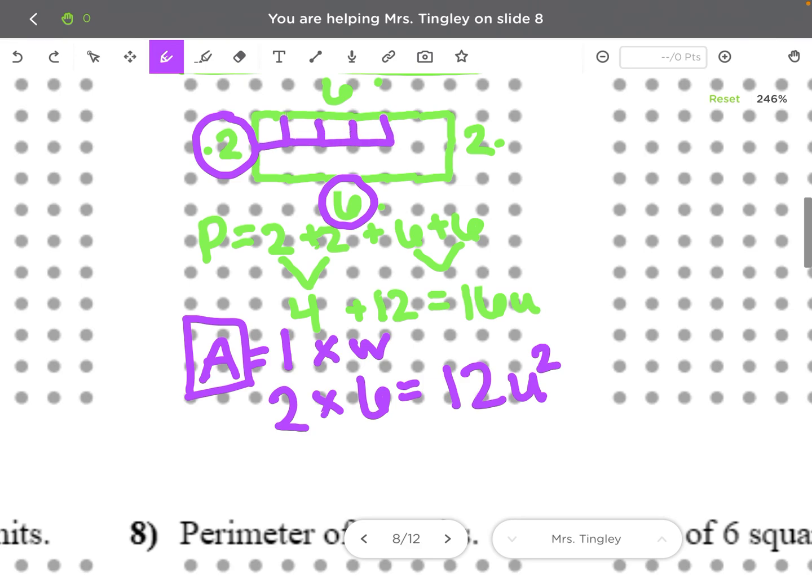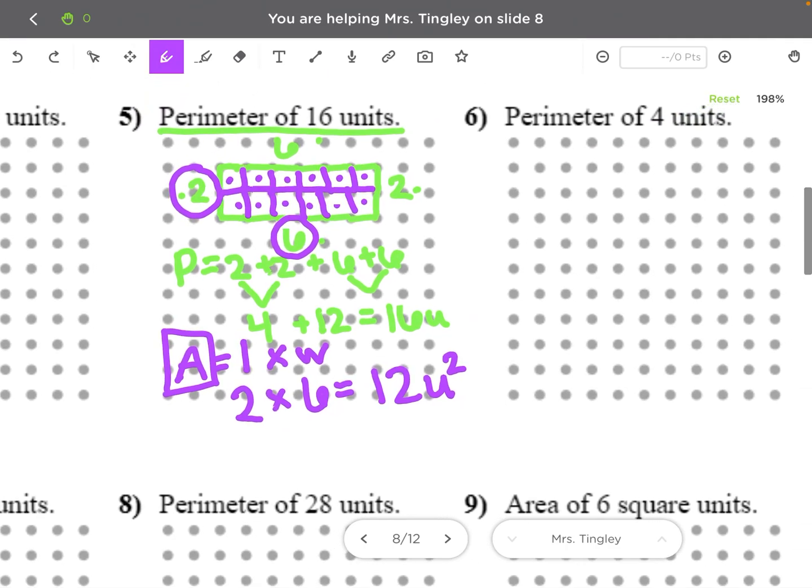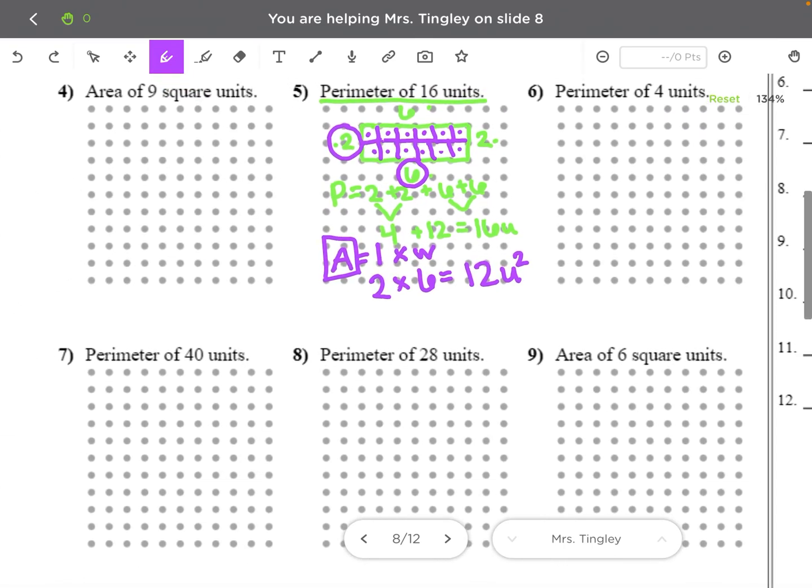Whenever you see area, remember we're talking about how many squares are inside that shape. I can double check and count these squares. 1, 2, 3, 4, 5, 6, 7, 8, 9, 10, 11, 12. Yep, there are 12 squares, 12 unit squares.